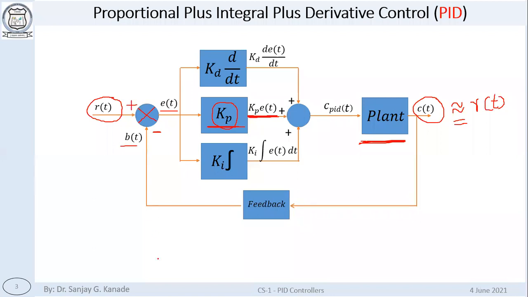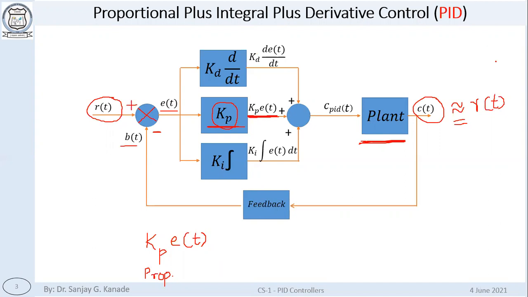Kp multiplied by e of t. So this is the output of the proportional controller. Quite simple, isn't it? And this is the simplest of the controllers. How will you implement this controller? If I ask you to implement this using simple electronic circuits, how will you implement it?